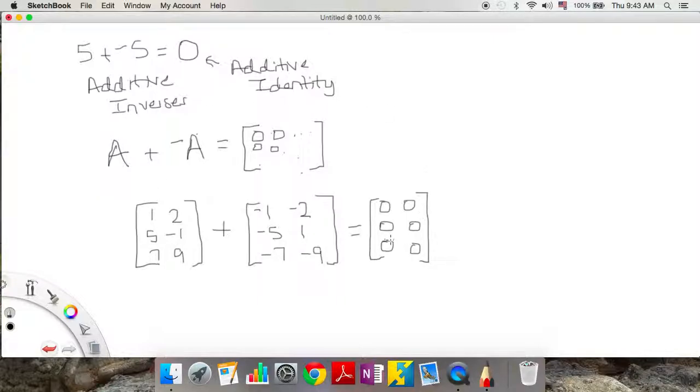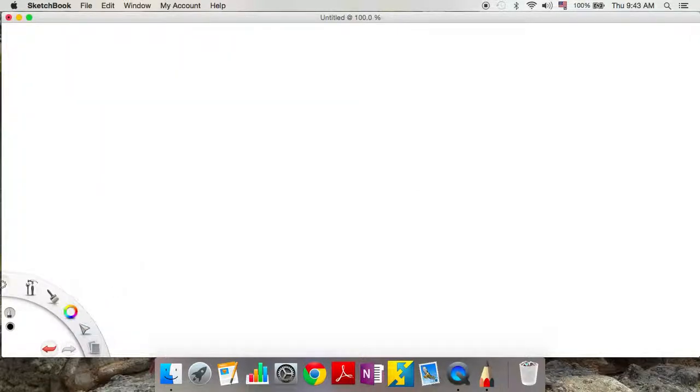Just look at the individual pieces and make sure you remember about the inverses and the identity, because sometimes we need those. Now multiplication is a little bit more difficult. Multiplication by a scalar is not that big a deal. A scalar, when you're talking about matrices, is just a plain number that's not in the matrix.